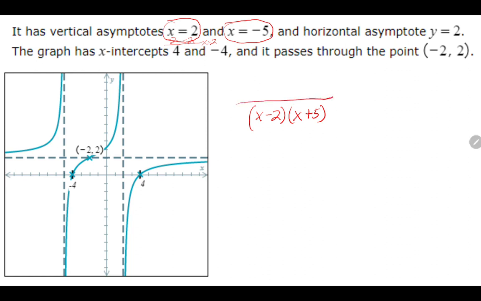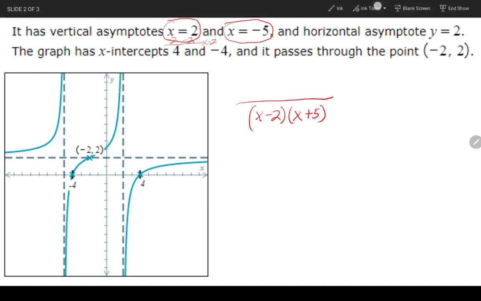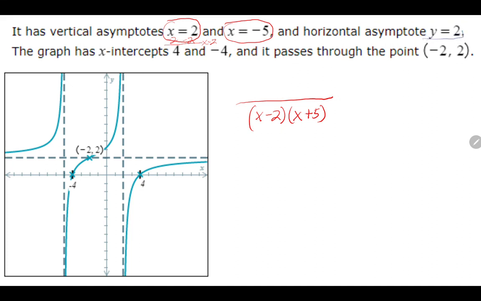Here's some other stuff I know. From the fact that the horizontal asymptote is 2, I know that the degree on the bottom and this degree on top must be the same. These two must be equal.